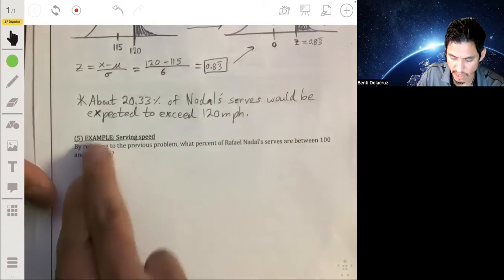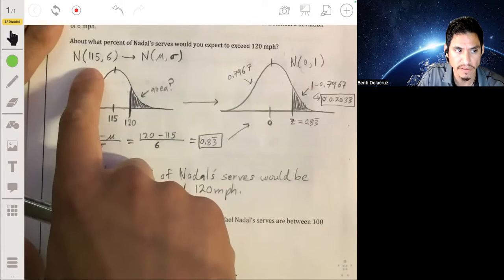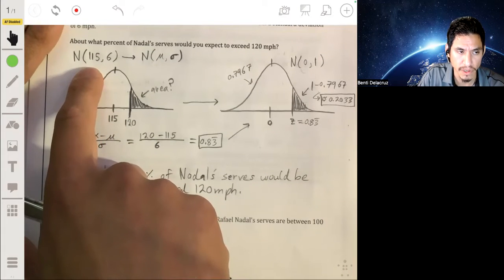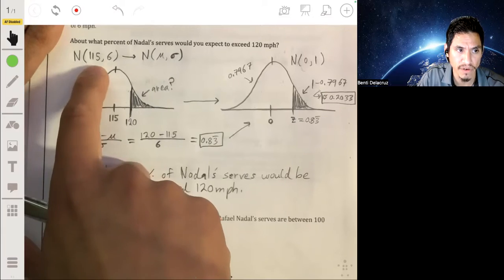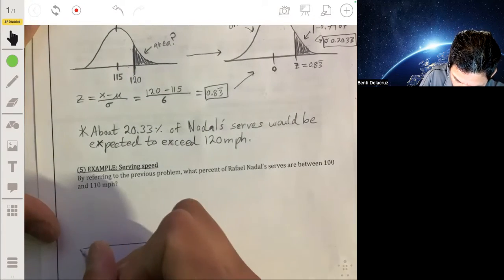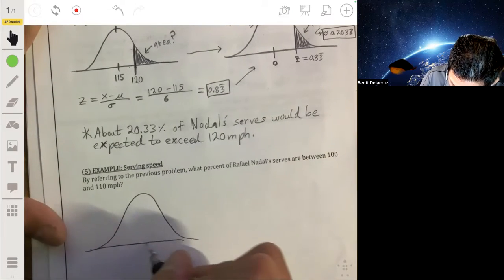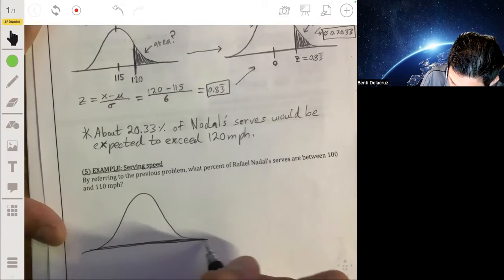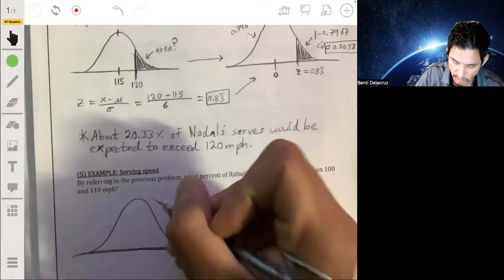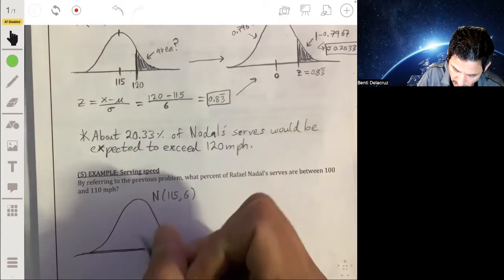So again, let's draw a diagram to represent what we're trying to figure out. And our distribution is, again, normal with a mean of 115 and a standard deviation of 6. Let's draw that, best we can.